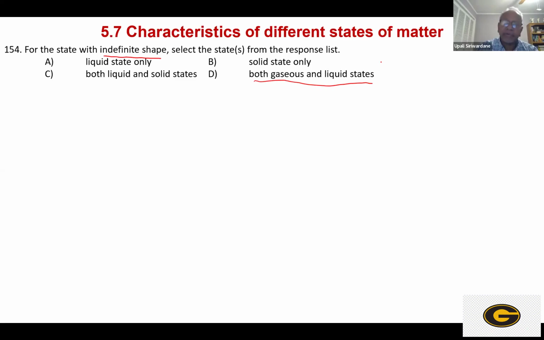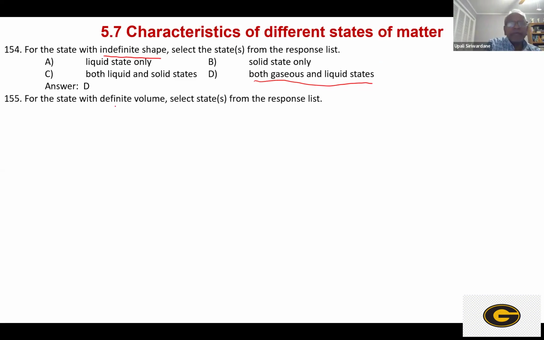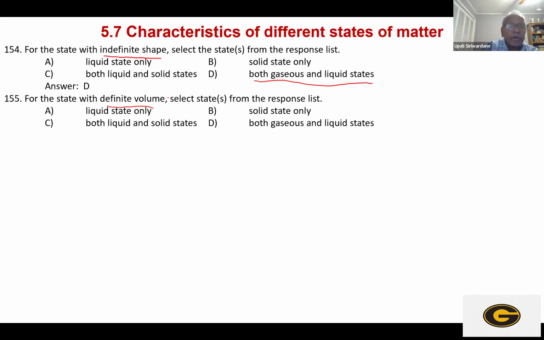That's the correct answer. Solid state has a definite shape, not indefinite. Therefore, D is the correct answer. The state with the definite volume. What is definite volume? Solid and liquid? Solid state only. That's the correct answer.